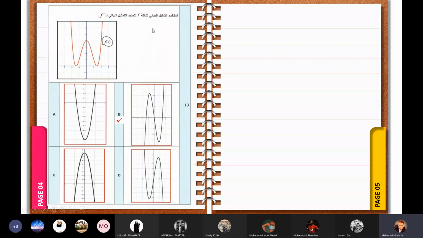Use the graph of f to determine f prime. We have f of x, we need f prime. Which one is f prime here? Look at the power. Here we have 3 turning points, so it's power 4. So if you differentiate, the new function will be of order 3 or less.